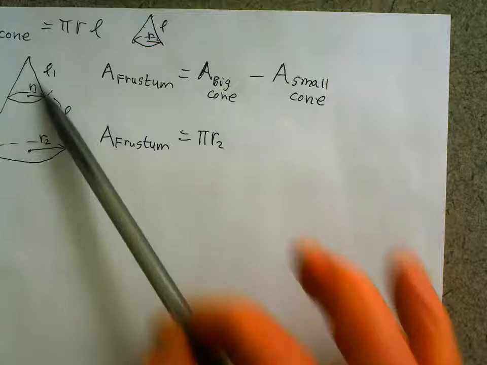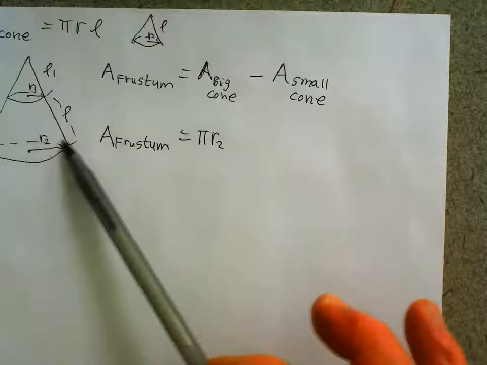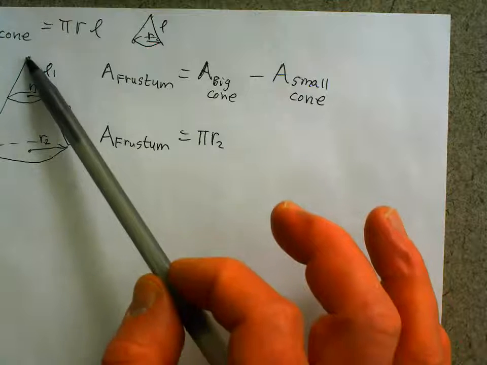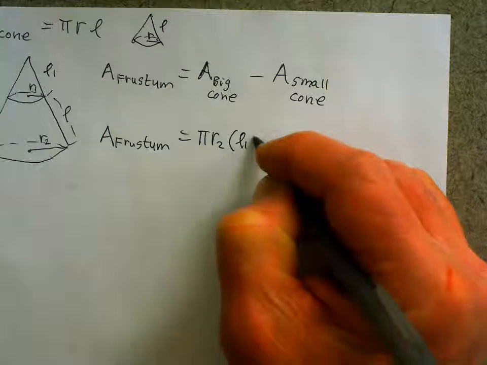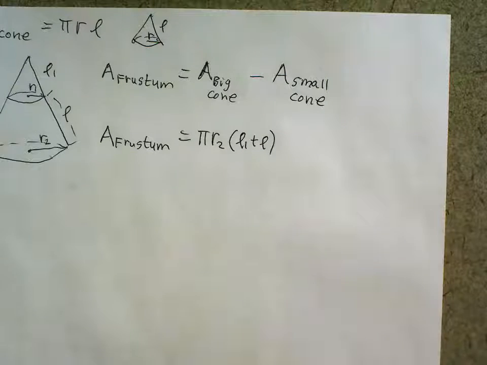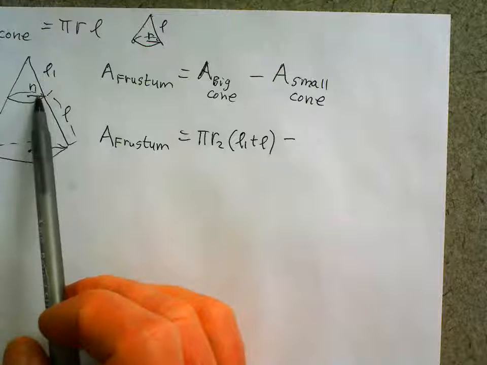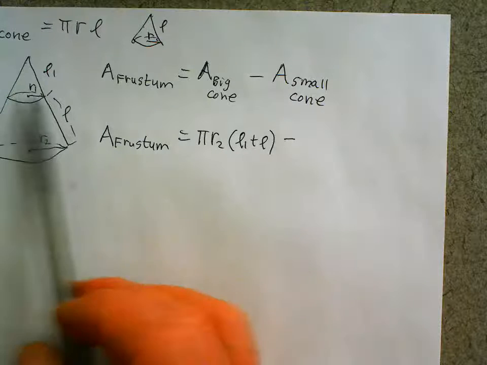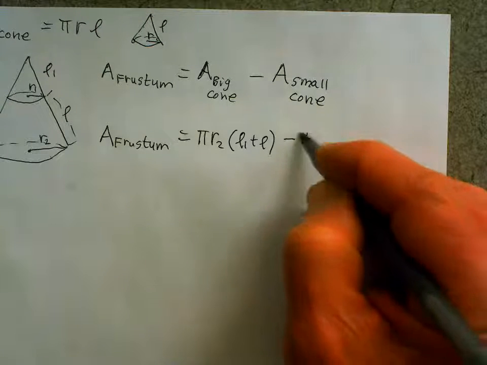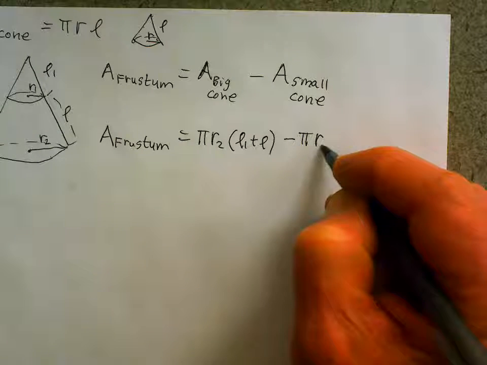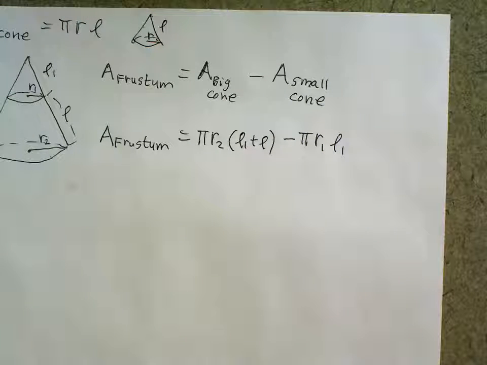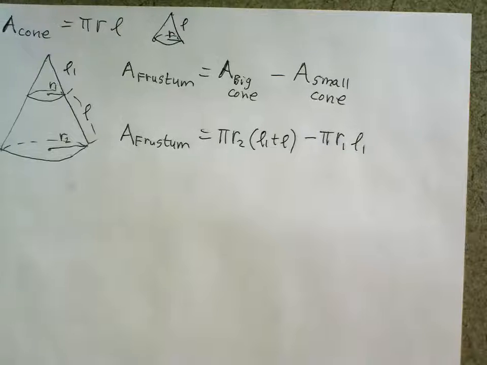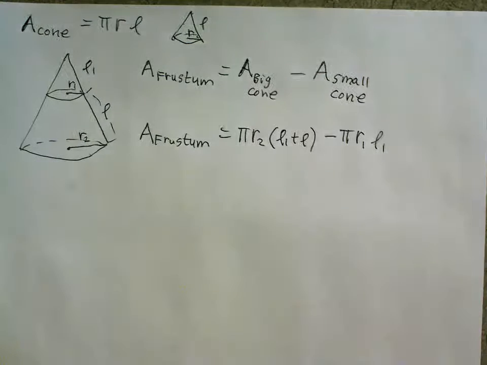And on the big cone, the length or the distance from the tip to the circle is the quantity L sub 1 plus L. And then from that, we're subtracting the area of the small cone. So for the small cone, it's pi times the radius r sub 1 times L sub 1.